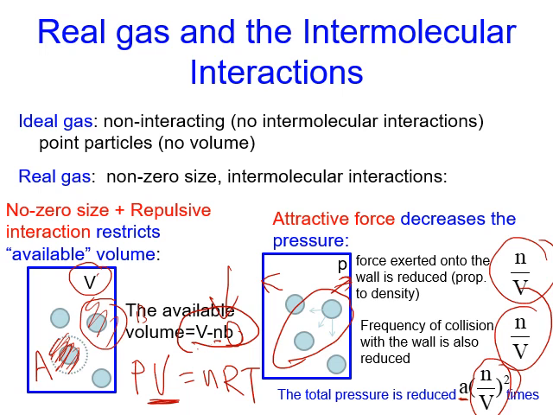A and B are different. So if we add the attraction force, the pressure will be reduced, and therefore we have to modify the ideal gas law by adding the repulsive force and the attraction force, which we'll see in the next slide.